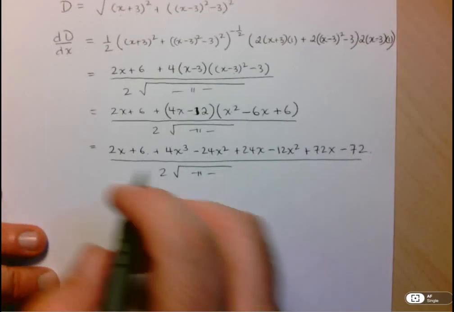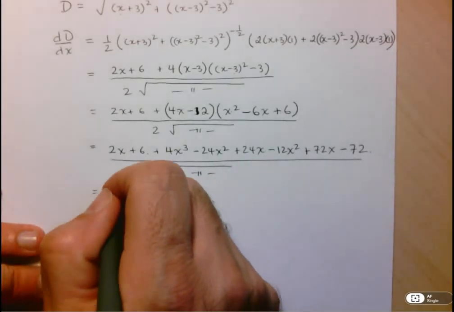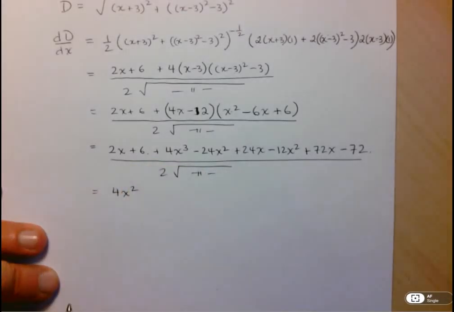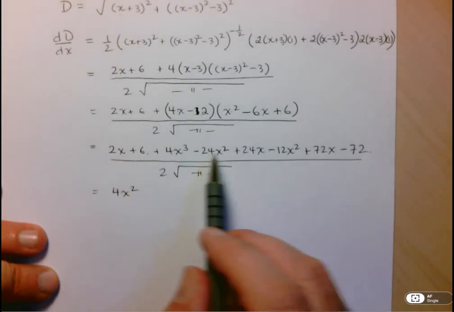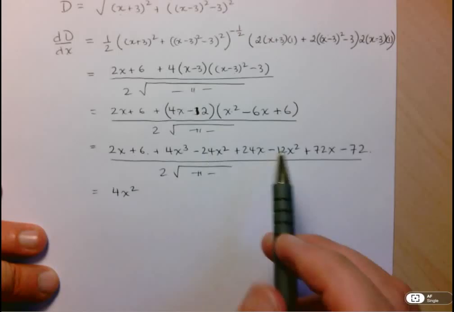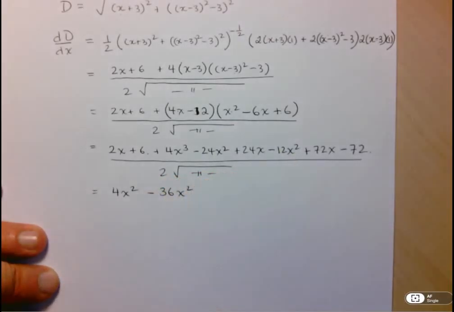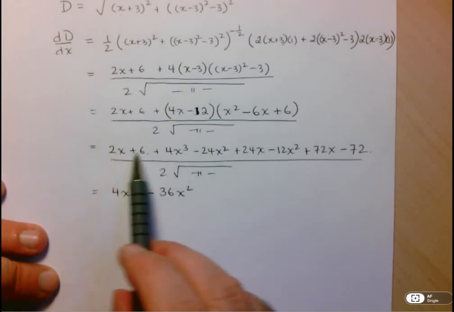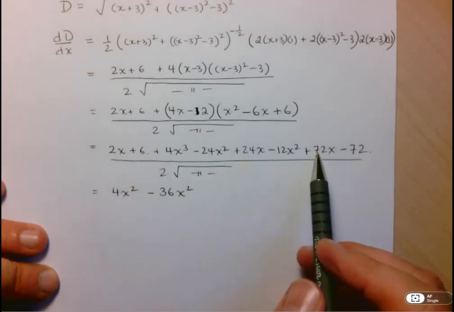So let's bring everything together here. So what do we have? Well, we've got our 4x cubed. Let's bring our x squareds together. So we've got negative 24 minus 12, so that's minus 36x squared. Let's get our x's. So 2x plus 24x, so 26x plus 72.